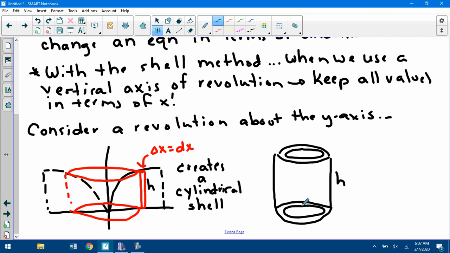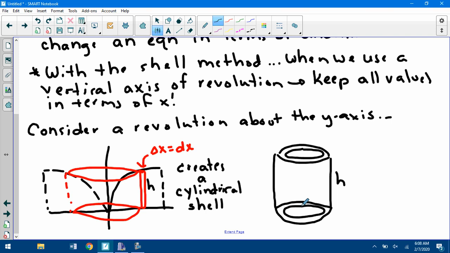You can think of it like a soup can, a thick soup can, I guess. Or sometimes I picture it as the shell that covers the outside stage at the Parrington Park next to the school. It's a shell that goes around like that.